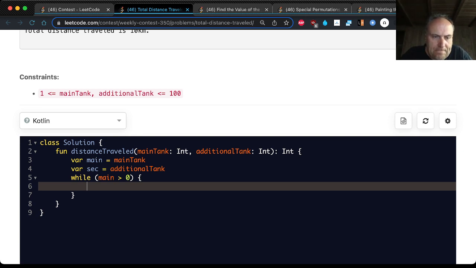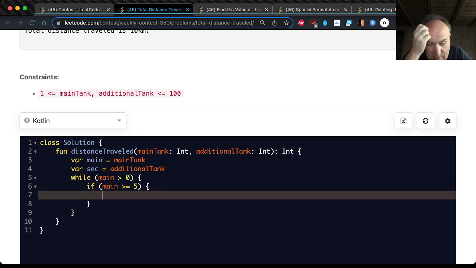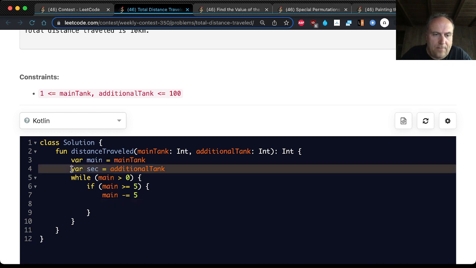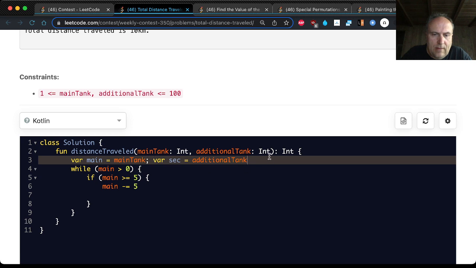So no, that's five. And then res equals 0.